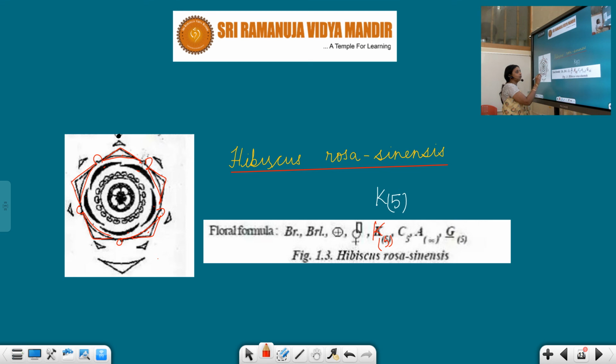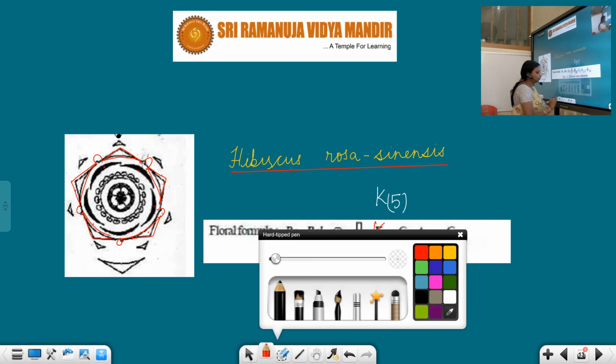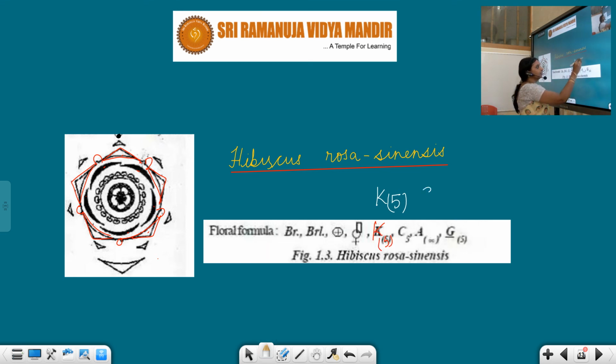So these petals are not united. The corolla C has 5 petals, they are not united, so it is not necessary to put any bracket here. And this is corolla, number 5.